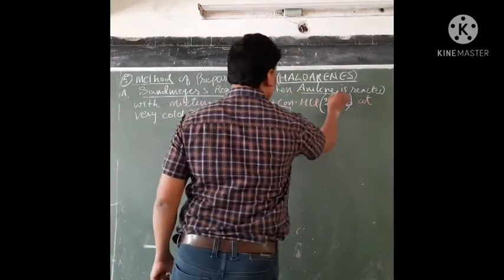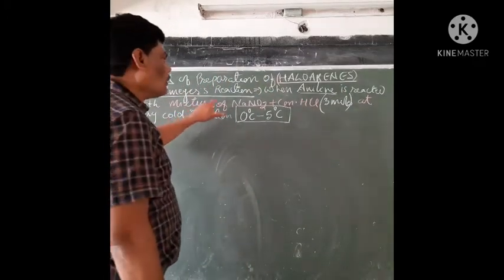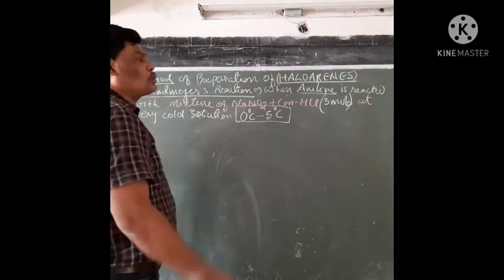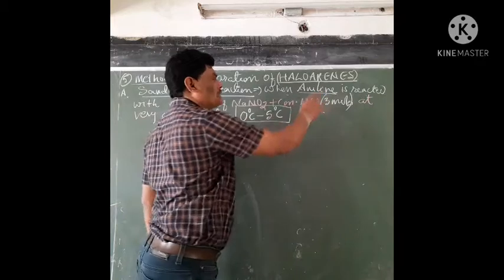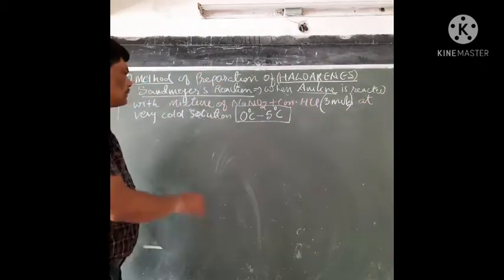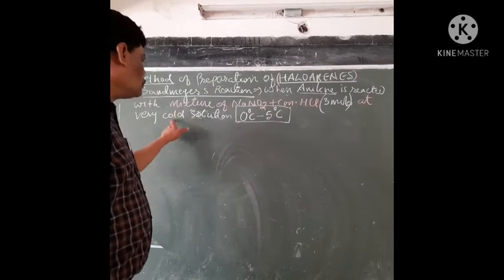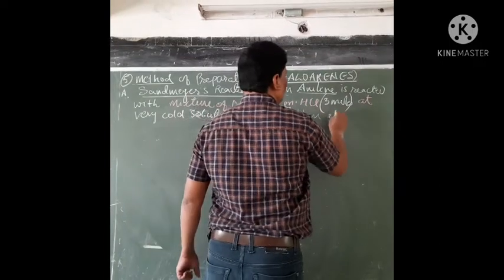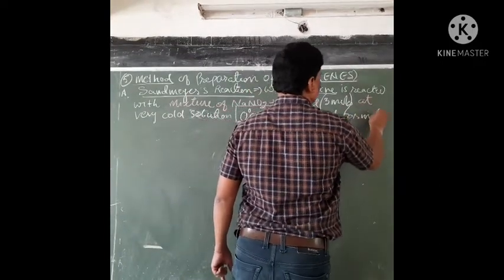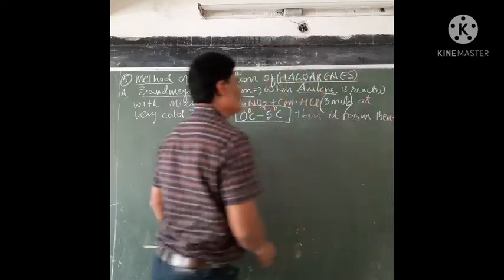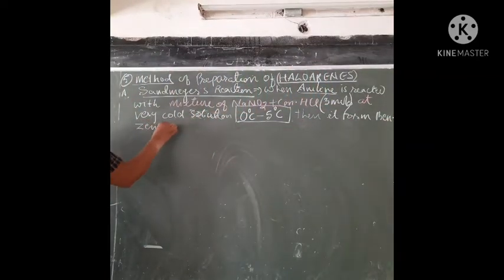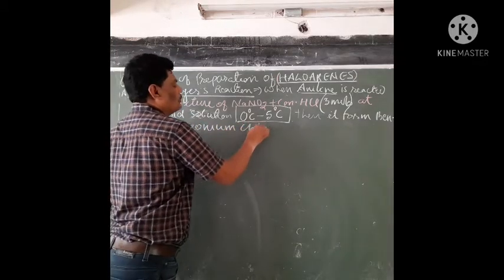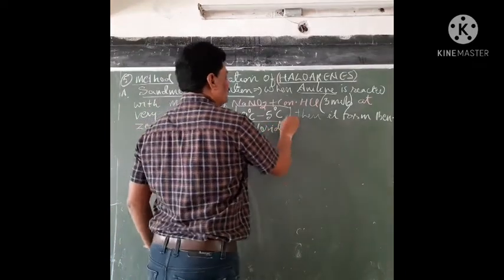So, when aniline is reacted with a mixture of sodium nitrite and concentrated HCl, which should be in larger quantity, 3 moles, and all these 3 substances must remain in cold solution, that is, we have to use their cold solutions, then it forms benzene diazonium chloride.